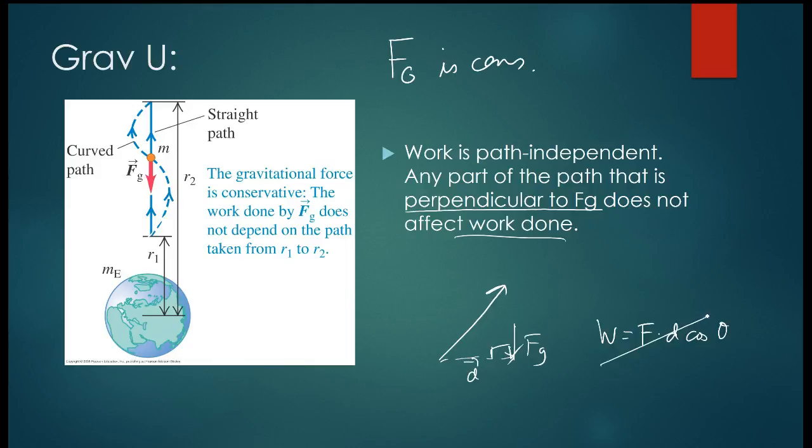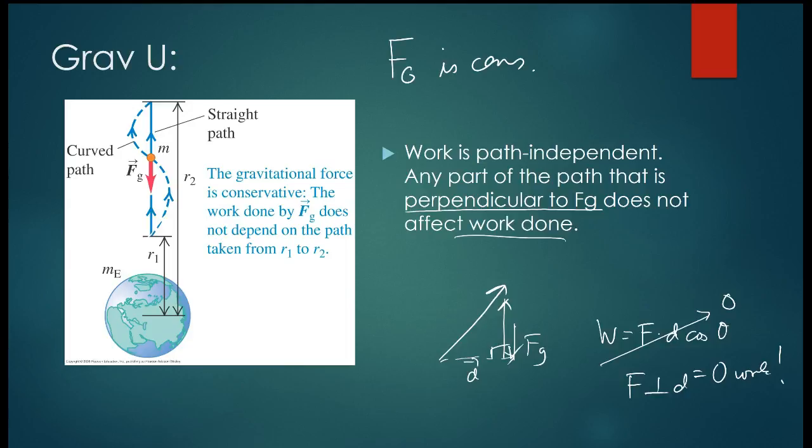So when it's 90 degrees, I have 0 work when F is perpendicular to d. Okay, that means that only this part of the path, the upwards part, is going to contribute. Okay, and no matter what path I take, as long as I go from r1 to r2, it can be shown that it's always going to have that same upwards path.